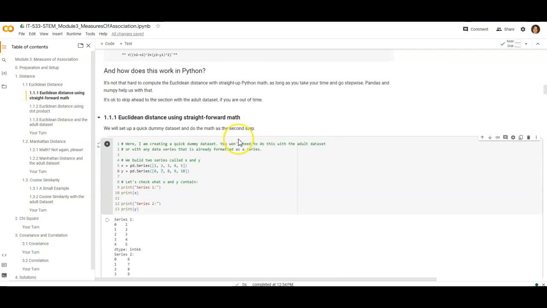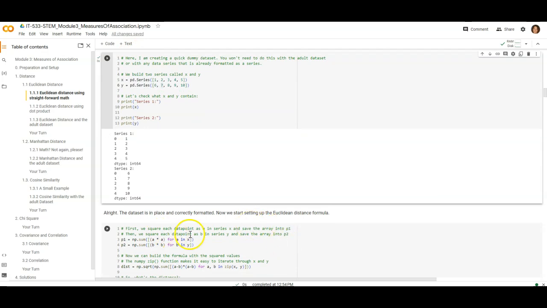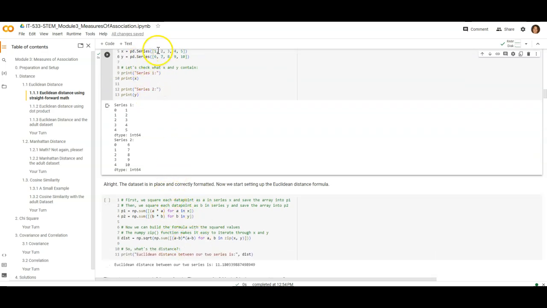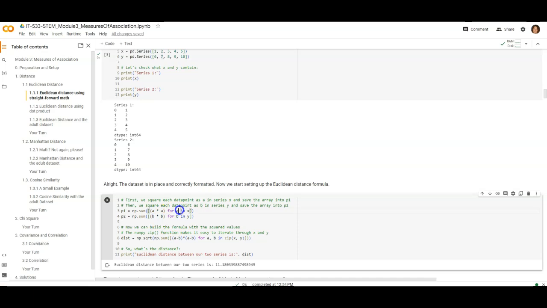The first thing we need to do is we need to square each data point in our x series, and then we need to square each data point in our y series here. Let's do that. We are going to give the data points in our x series the variable a, and in our y series we're going to give our data points the variable b. That's what we're seeing here, a and b, right?